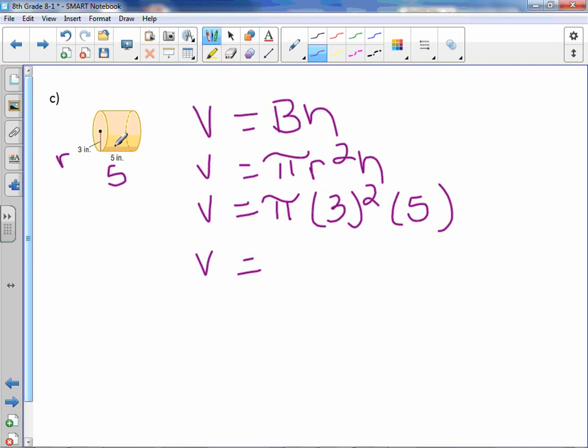So this is the base of our cylinder, and it goes from the center to one side. Therefore, it's the radius. Plug this in your calculator. Pi times 3 squared times 5, and we get 141.371, or 141.4 cubic inches.